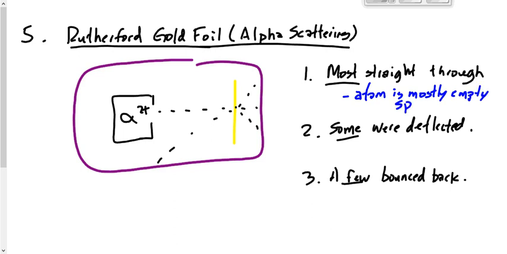We know that that's the case now. Some were deflected. Well, if positive alphas were pushed away from a straight line path, then these positive alphas must have been pushed away by a positive nucleus. But that nucleus has got to be small, because most of the atom is empty space. Small positive nucleus. Because some of them bounce back, that nucleus must be heavy.